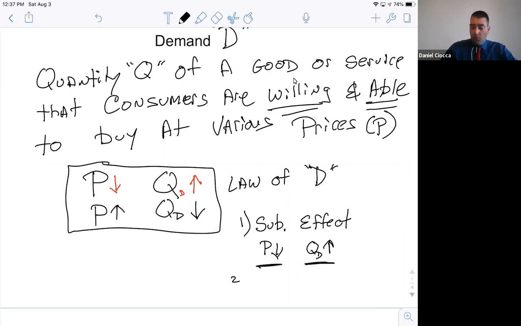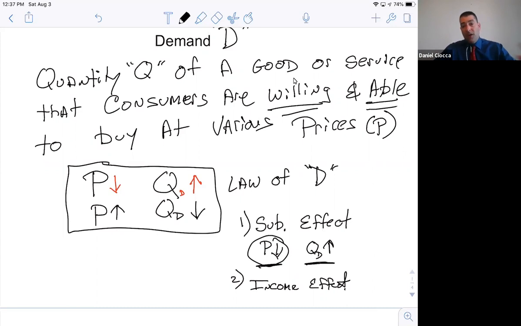Reason number two is what economists call the income effect. And the income effect basically says that when the price of a good or service goes down, the purchasing power of the income you earn, what economists call your real income, your income adjusted after price changes, goes up.